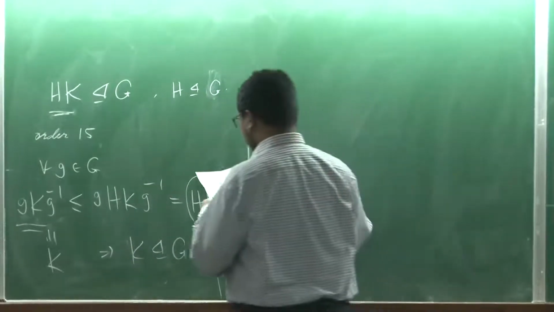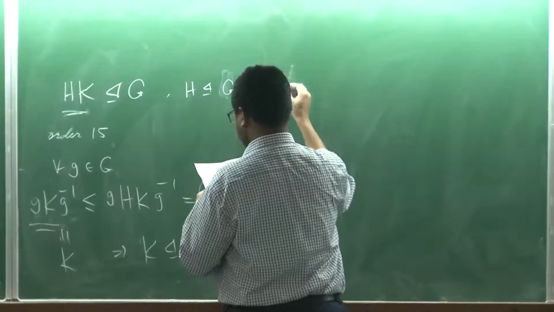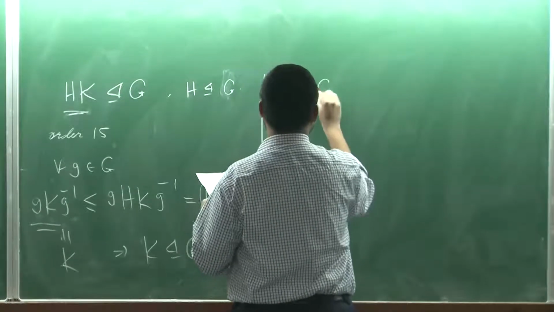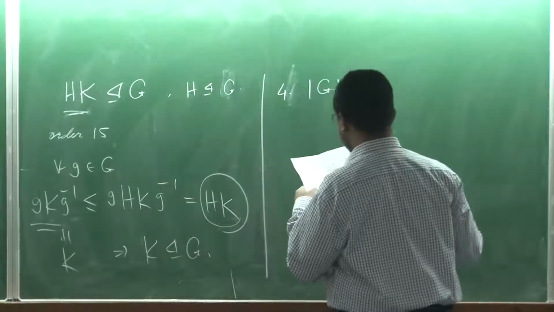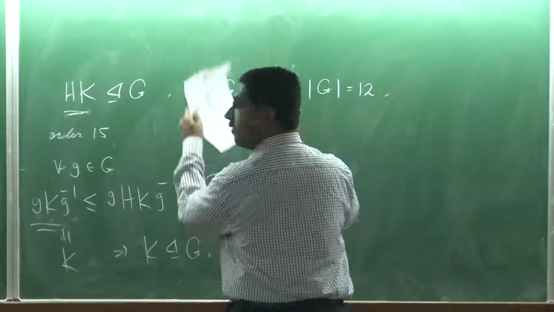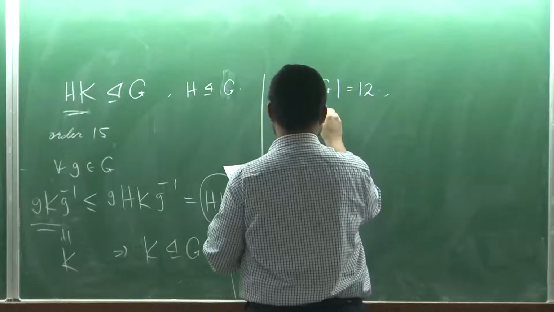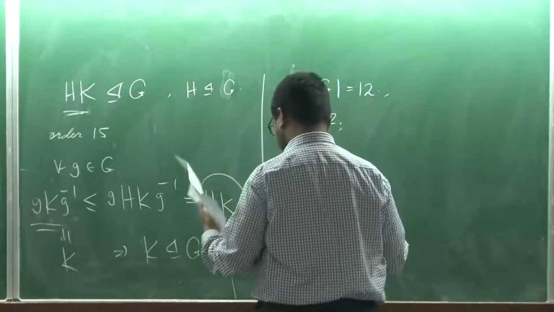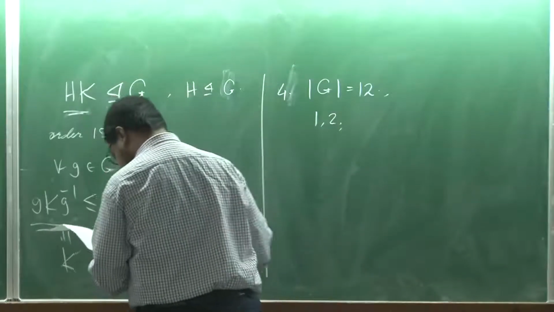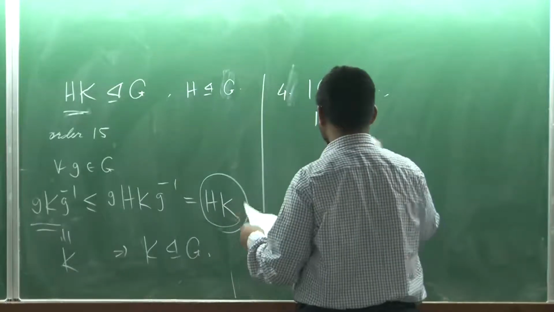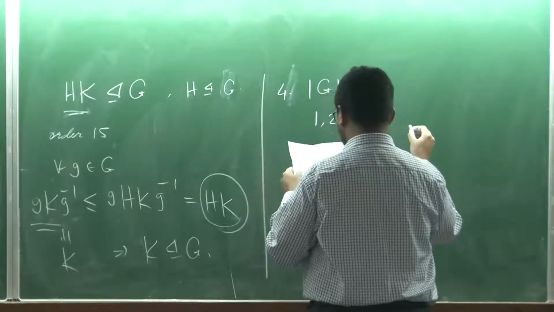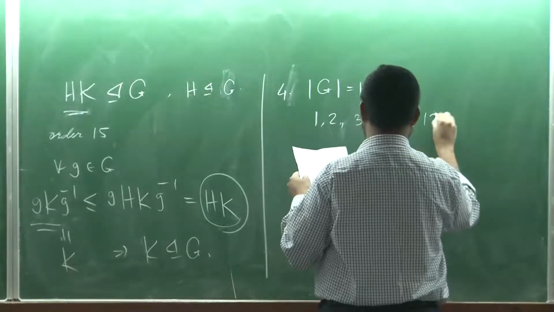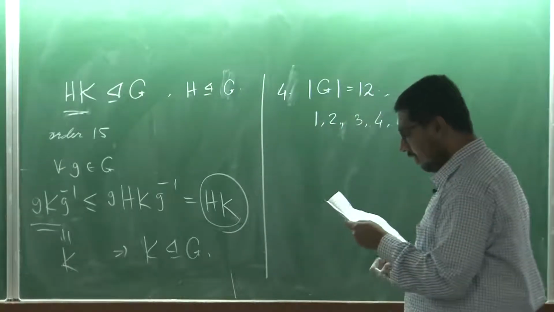Now let us go for groups of order 12, the fourth application, when G has order 12. So order 12 means what are the divisors? The divisors are 1, 2, 3, 4, 6 and 12. Okay.